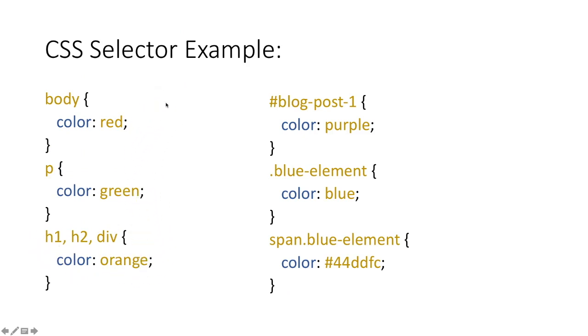So if you think about this, any tags within this body element, let's say you can have list tags like ordered or unordered lists, div tags, span tags, tables, etc.